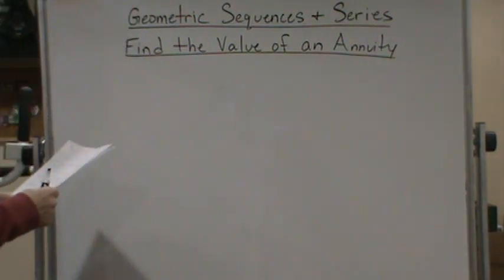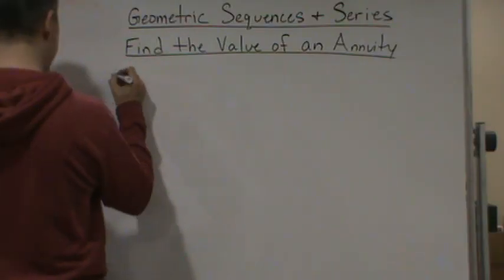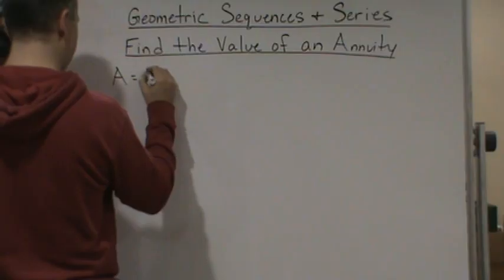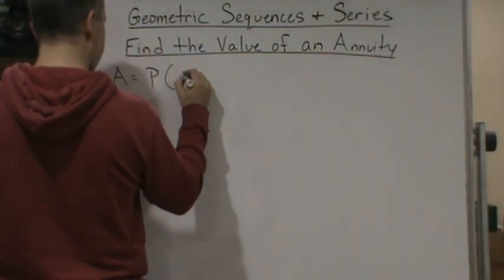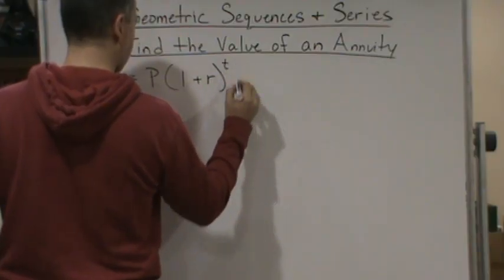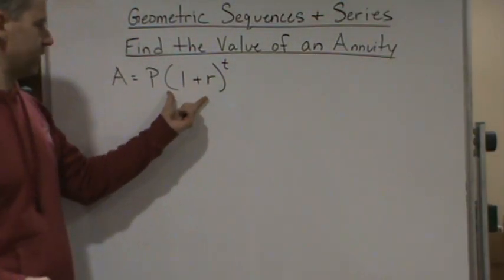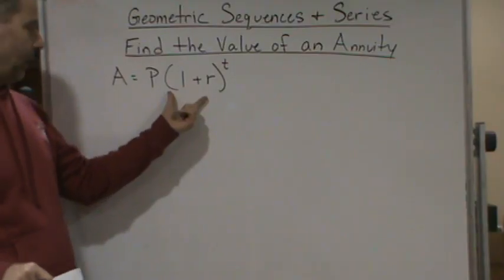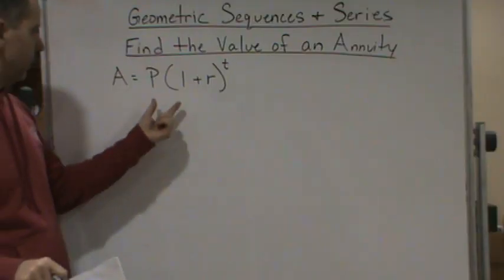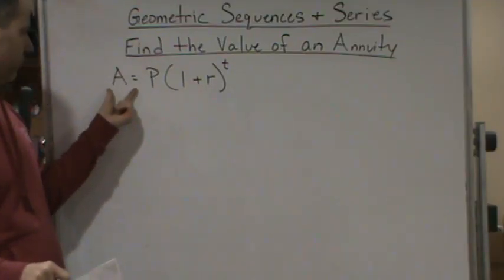Okay, so let's look at this formula. First of all, we start with the formula for compound interest. This is the future value.